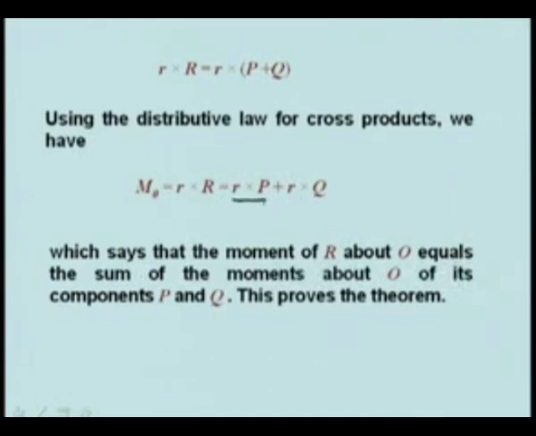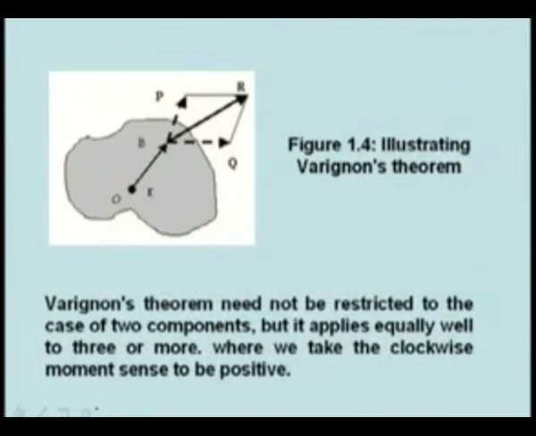Now r cross P is the moment of force P about O, whereas r cross Q is the moment of force Q about O. Therefore, it says that the moment of R about O equals the sum of the moments about O of its components P and Q. This has proved the theorem.